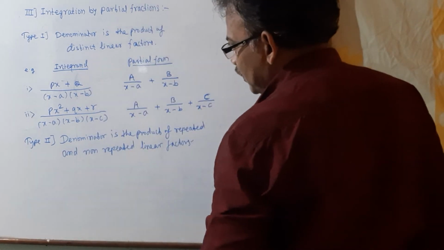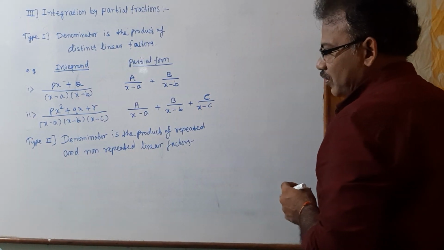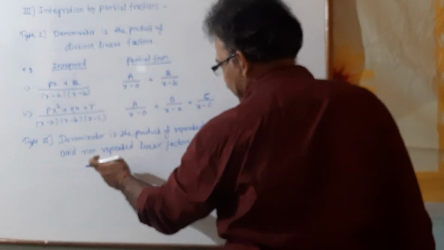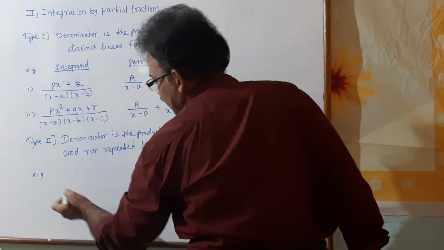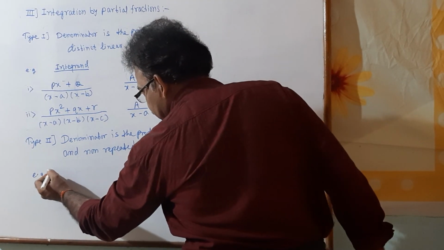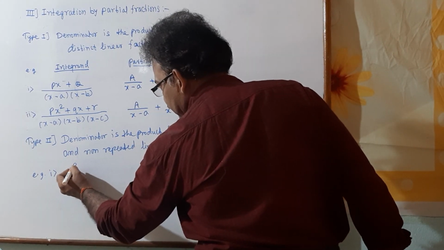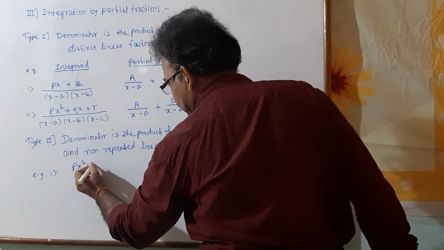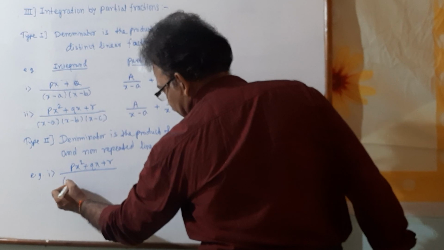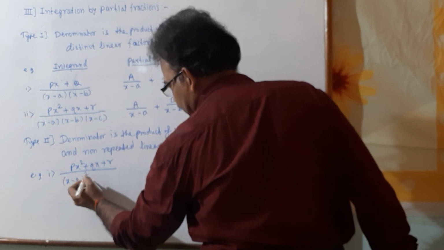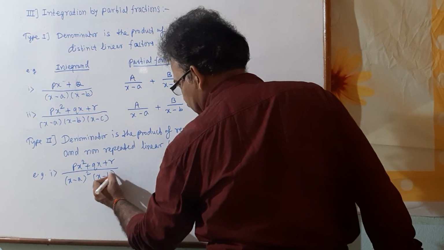That is type number 2. In this case, the denominator is in the form of a product of repeated and non-repeated linear factors. For example, of this type: px square plus qx plus r divided by x minus a whole square into x minus b.